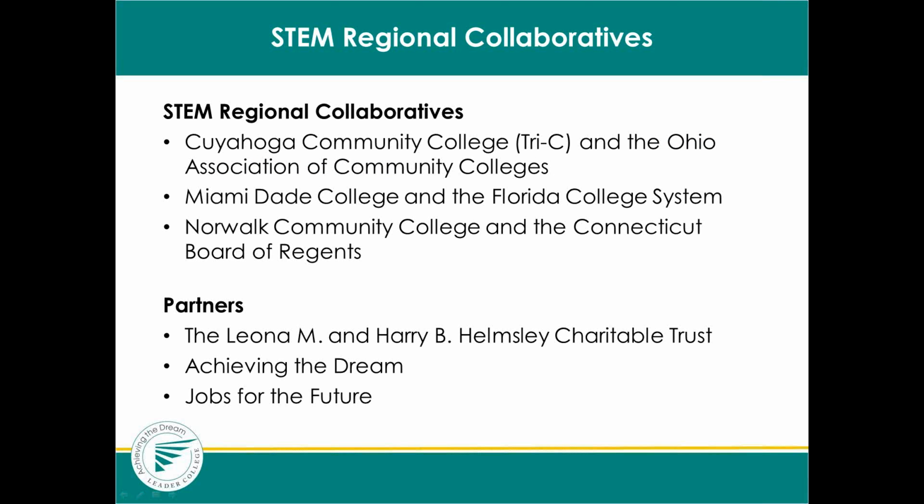And so we worked directly with both the colleges and the state partners to develop a STEM regional collaborative in a discipline of their choice to develop a clear and efficient structured pathway for students into middle-skilled STEM careers.